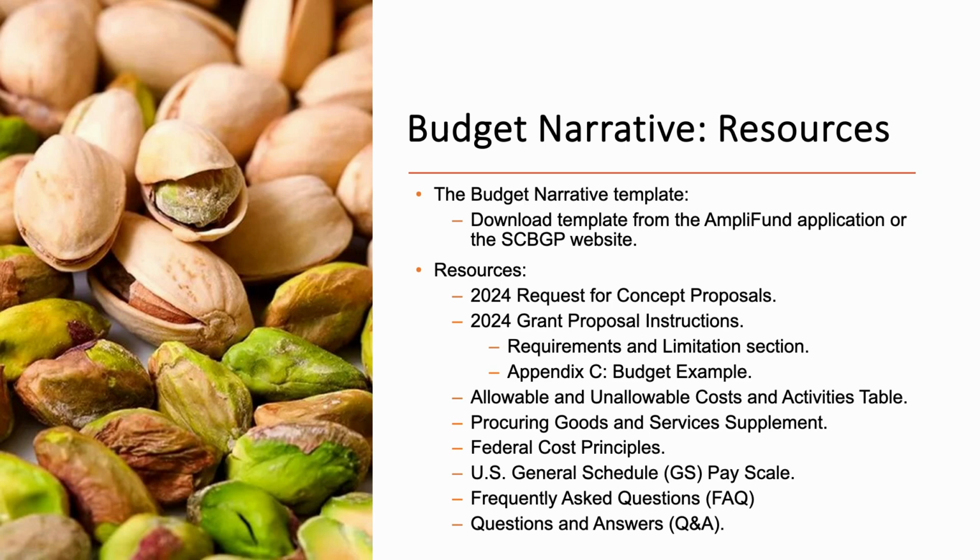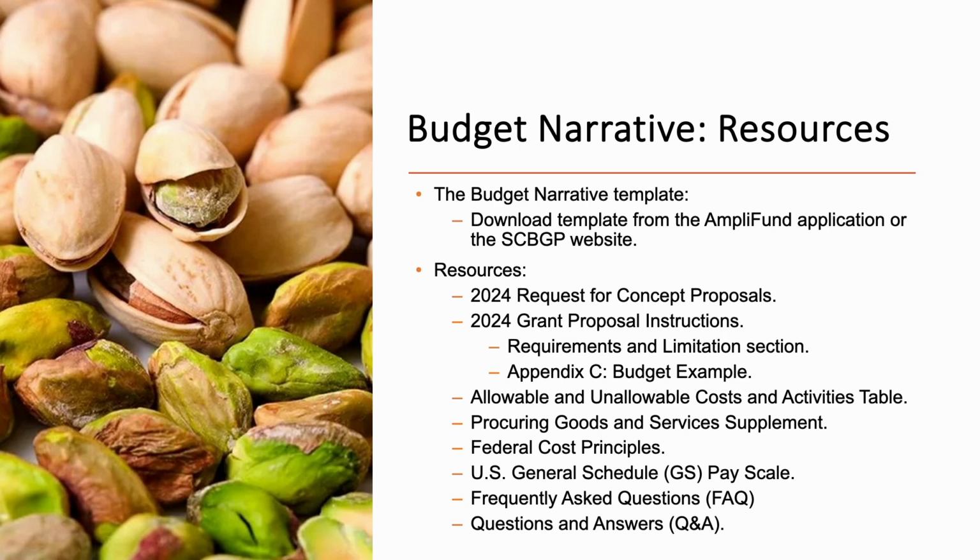The Procuring Goods and Services supplement provides guidance on the federal regulations for procurement transactions. A later presentation will cover this in more detail. For more information about the federal regulations to determine allowable costs and ensure consistent treatment of costs, you can access the federal cost principles through links in the GPI.